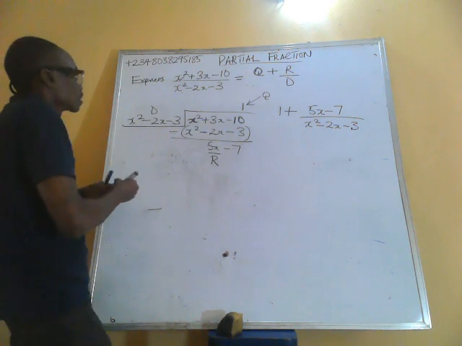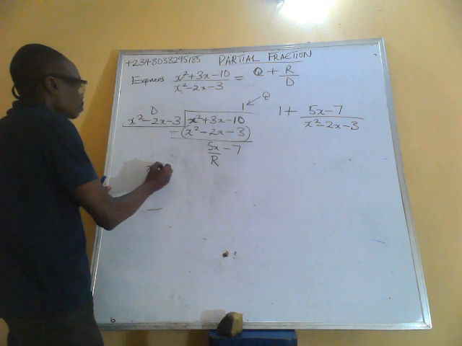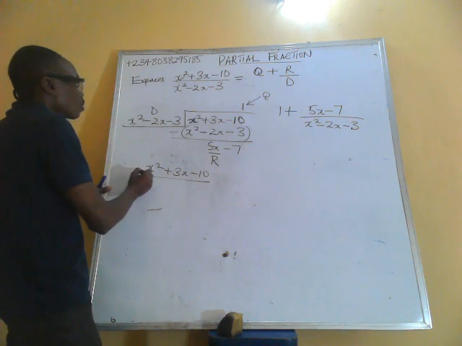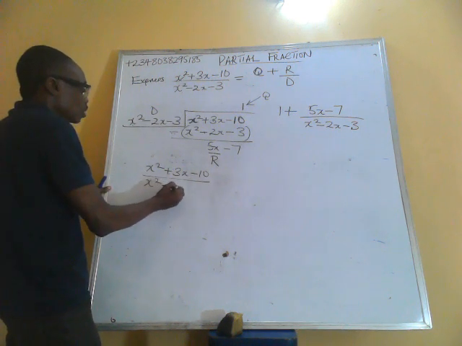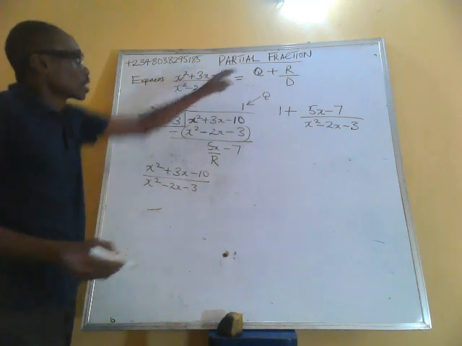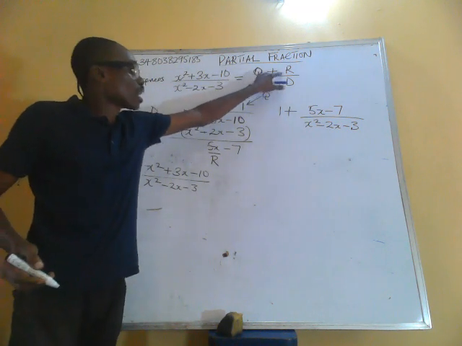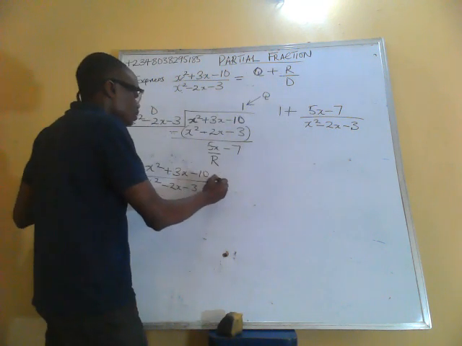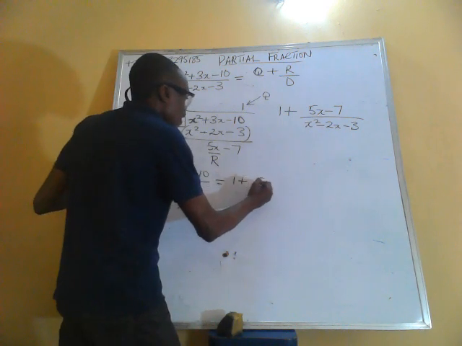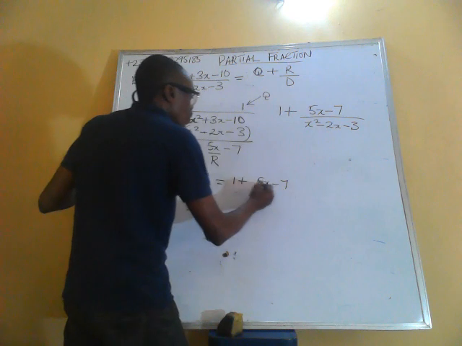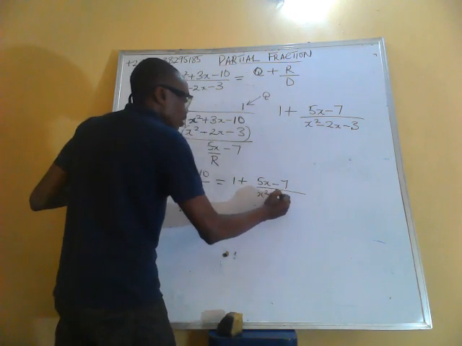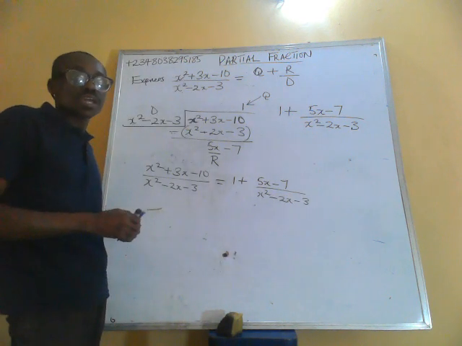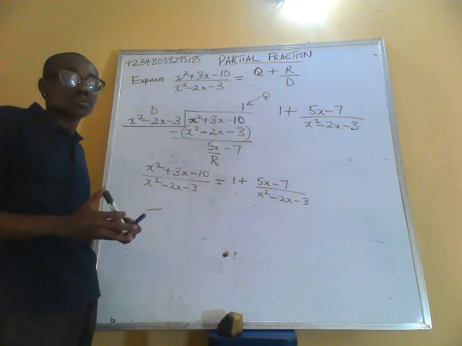So this x squared plus 3x minus 10 all over x squared minus 2x minus 3 can be written in this form, where we have the quotient plus r over the divisor, which we've actually expressed here, can be written as 1 plus 5x minus 7 all over x squared minus 2x minus 3. Okay, so we can actually write that in that form.